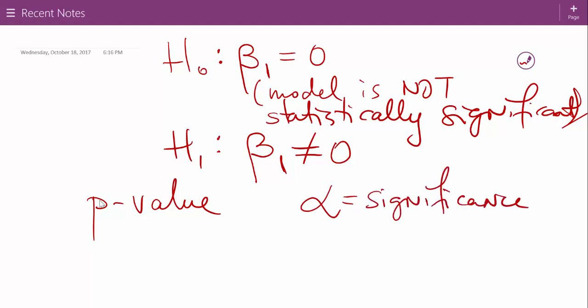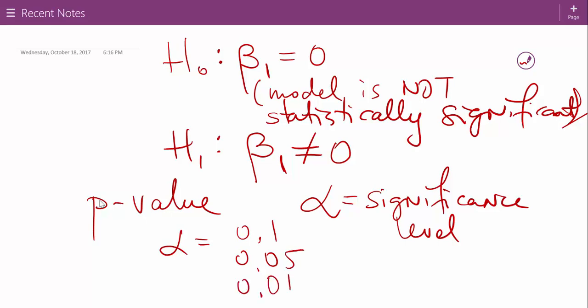Significance level. Okay? Statisticians use 3 standard values for significance level, okay? So alpha can be 0.1, 10%, or 0.05, 5%, or 0.01. I mean, that's not to say that it can be anything else. Yes, it can, right? But as a matter of practice, typically statisticians are used to using these 3 values, okay?